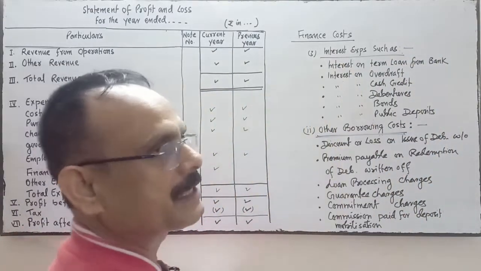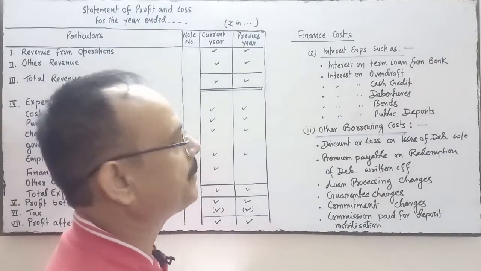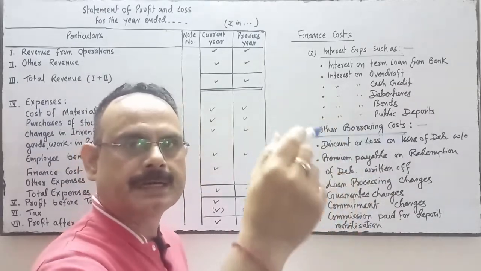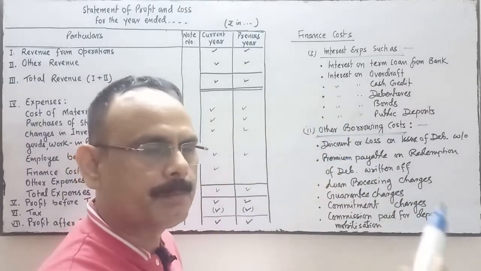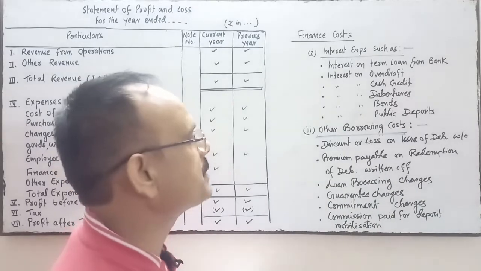Interest expense: interest on term loan taken by the company from the bank, interest on overdraft, interest on cash credit, interest on debenture, interest on bonds, interest on public deposits.